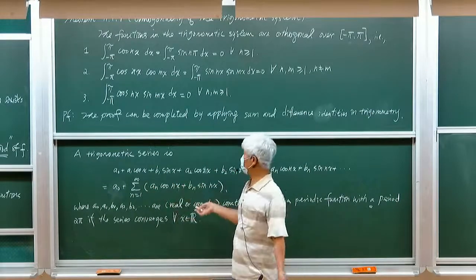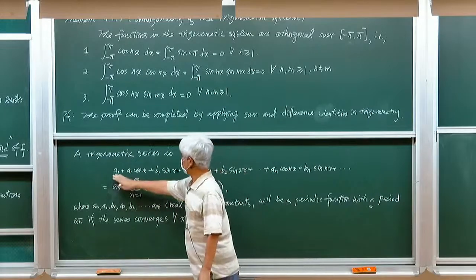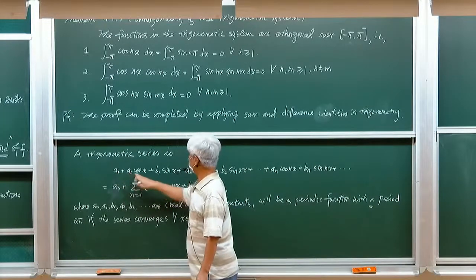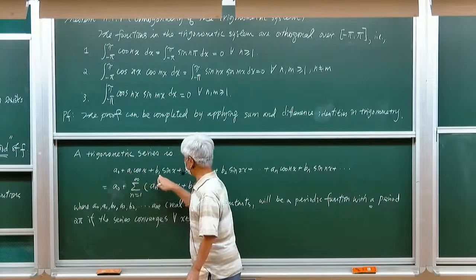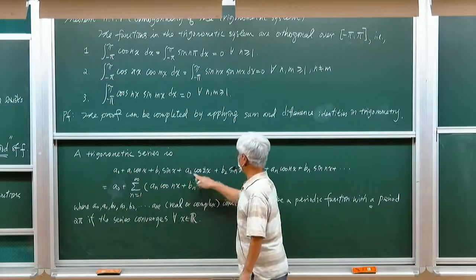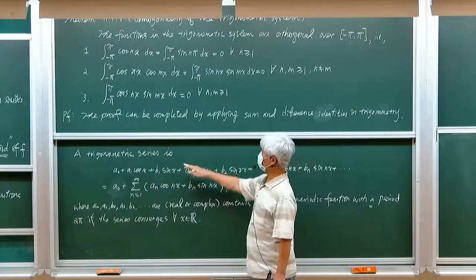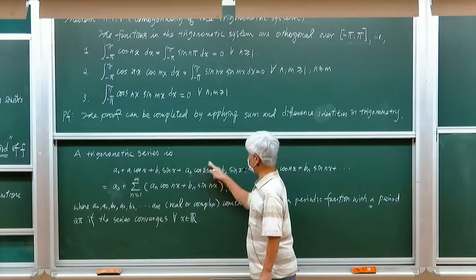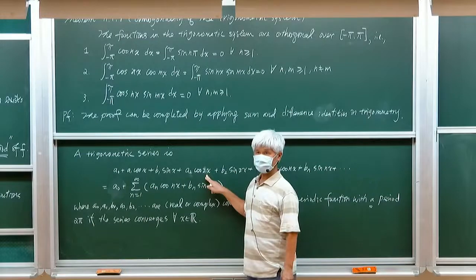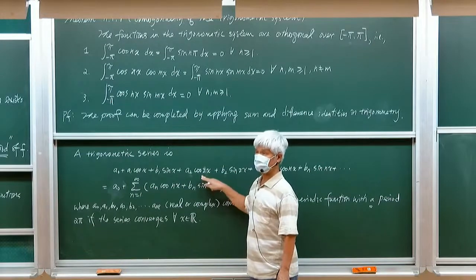For example, if all the A0, A1, and B1 are zeros, A2 is 1, B2, etc., all these are zeros, then this trigonometric series is just cosine 2x, right? And the fundamental period of this function is pi.